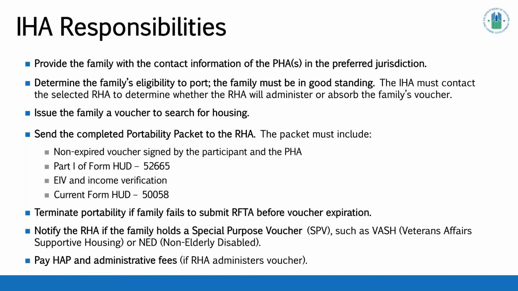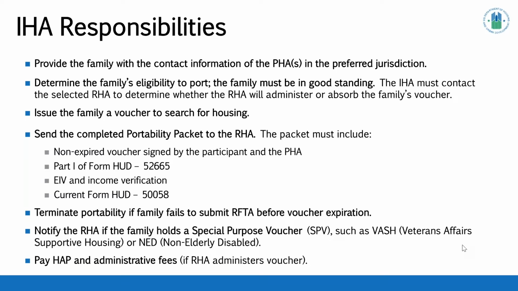They will issue a complete current signed voucher to the receiving housing authority, and several other forms must accompany the voucher: Part 1 of the Form HUD 52665, which is the Family Portability Information Form, the EIV report, current income verifications, and the current Form HUD 50058.